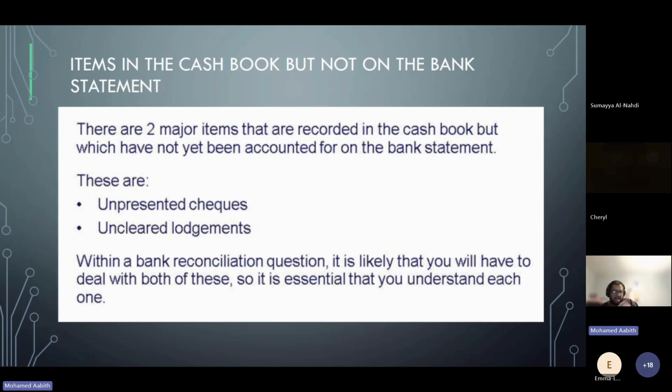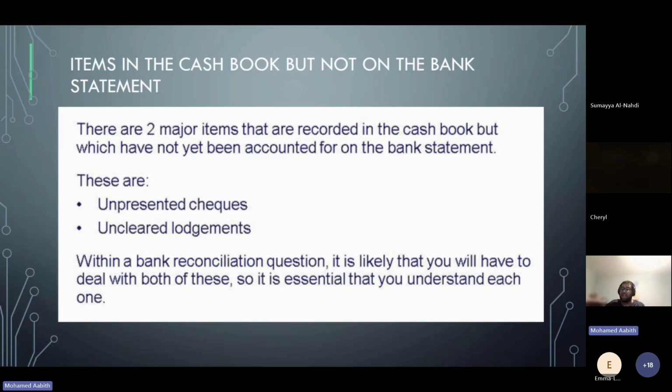But the supplier can put the check into the bank straight away, or they may not have done it yet. Even if they have put it in the bank, it might take a few days to clear. So that check might not show in my bank statement as cleared. That is what we call an unpresented check.